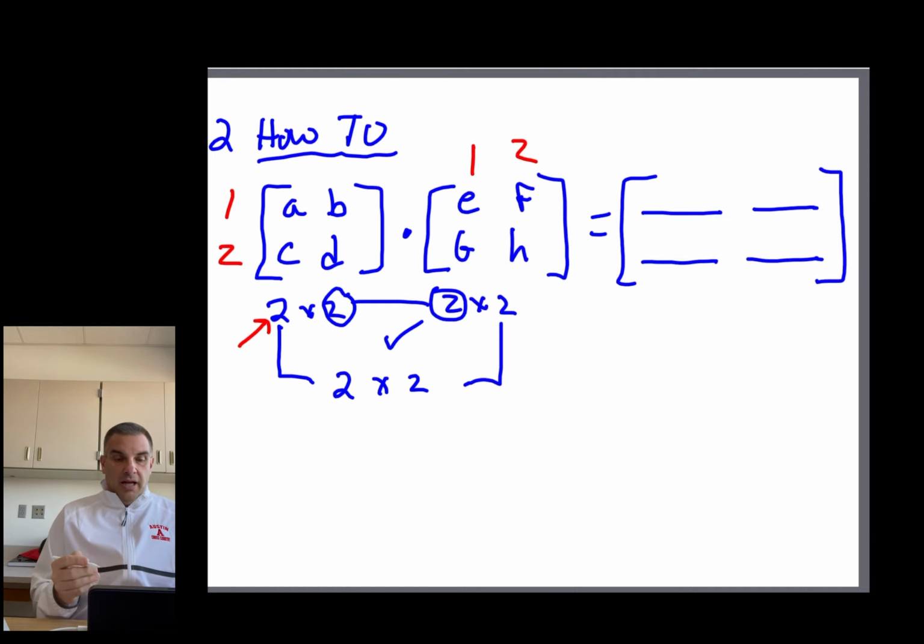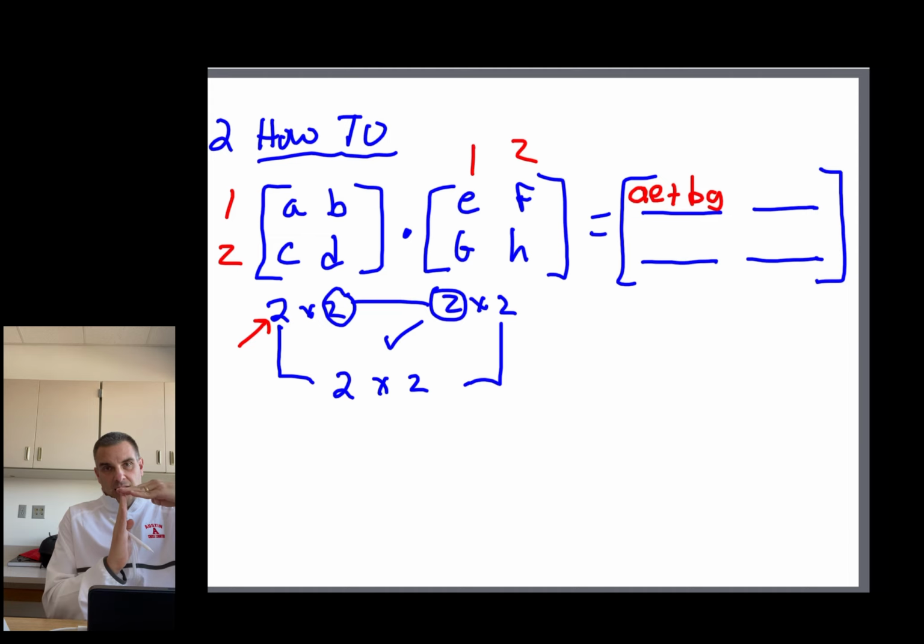Okay, we multiply A times E. So our first one is going to be A times E. And then to that, because they're in the first spot, 1 and 1, to that, we're going to take B times G and multiply them together. And then we're going to add those two pieces to each other. So in our new one, the first row in our first column is going to be row 1, A times E, plus B times G. Rows by columns. It's always rows by columns.